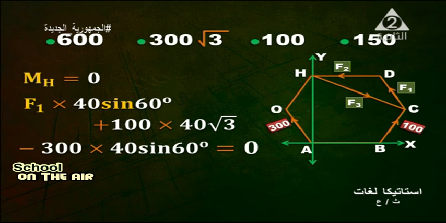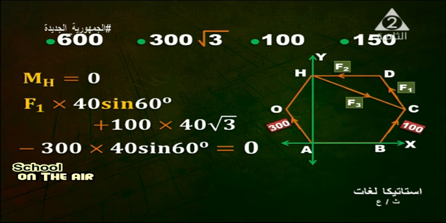My dear student, remember, when we find the distance between H and F1, or H and CD ray, we draw a perpendicular from H, and the perpendicular distance to CD equals 40 sine 60. Also the force 300, the distance between H and AO ray equals 40 sine 60.